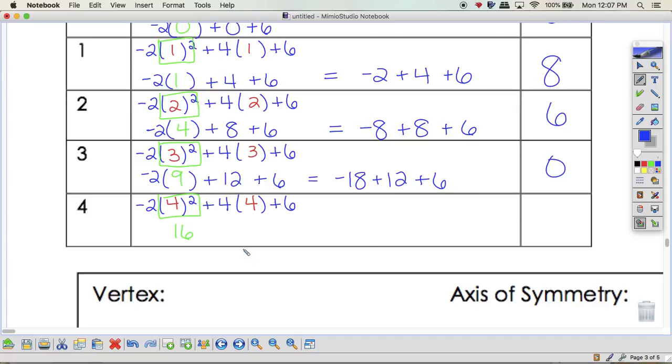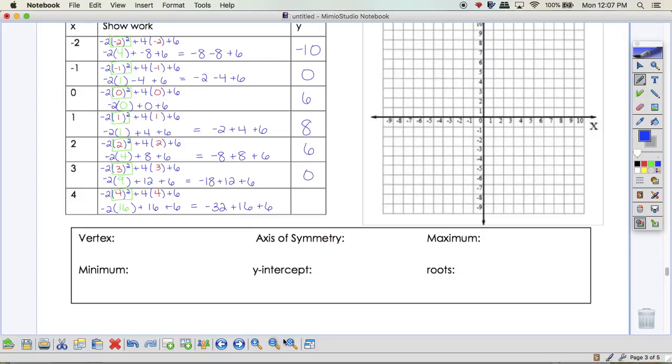It does. Negative 2 times 16 plus 16 plus 6. That's negative 32 plus 16 plus 6. And that does give me negative 10. Okay, it takes a lot to work out these questions. You have to make sure that you always do the exponent first.